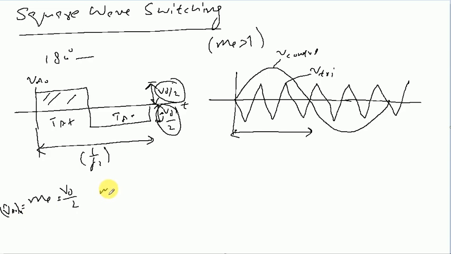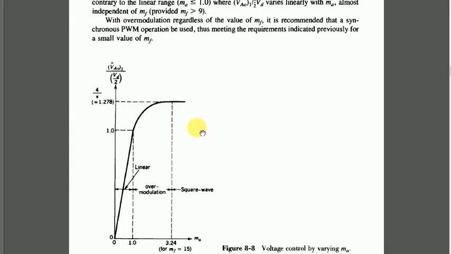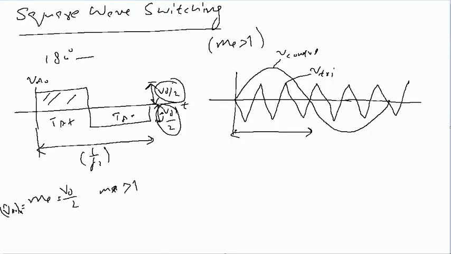But here, beyond this range, when MA is much greater than 1, this is no more valid, and we can see that the peak amplitude has a fixed value in this case, and it becomes independent when it is operating in the square wave region. And we had seen over here that this is the square wave region of operation, and it has a fixed value. How does it become a fixed value? We'll derive that relationship also.